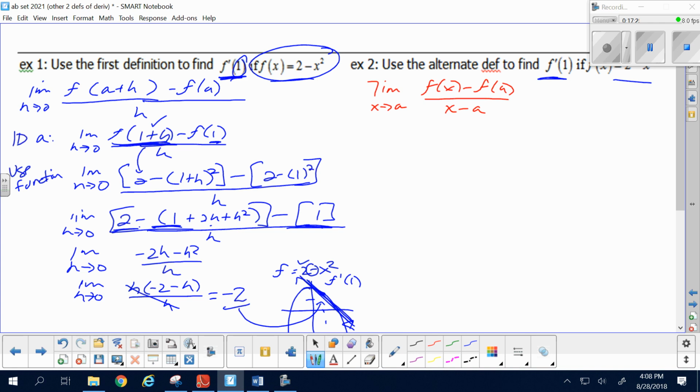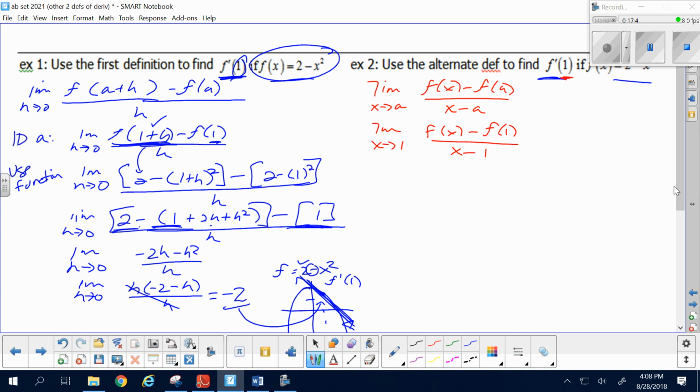Now, again, a in this case is 1, so this would mean the limit as x goes to 1 of f of x minus f at 1 over x minus 1. Good enough. Now, let's go to the function.